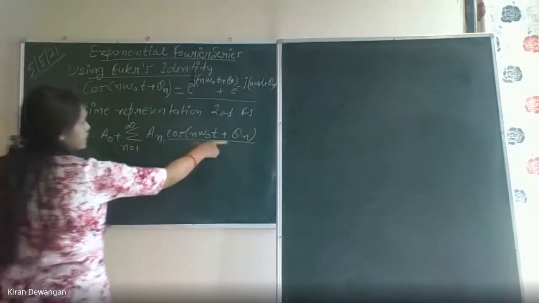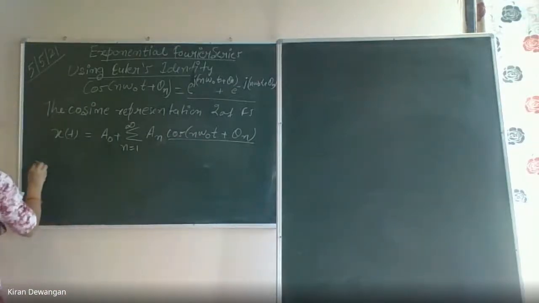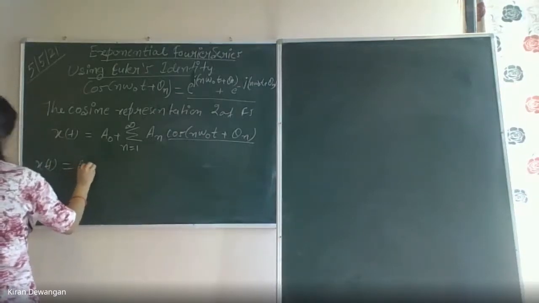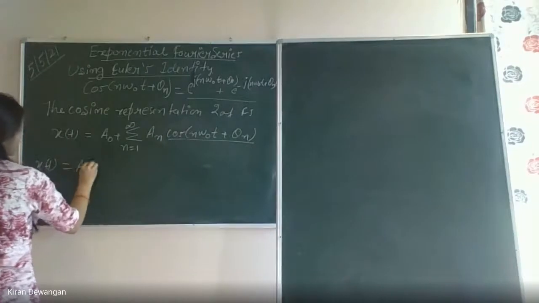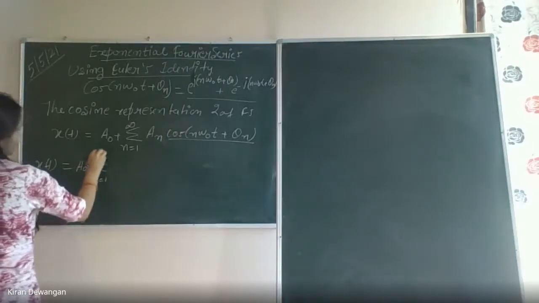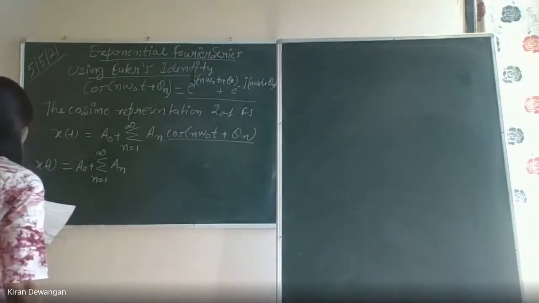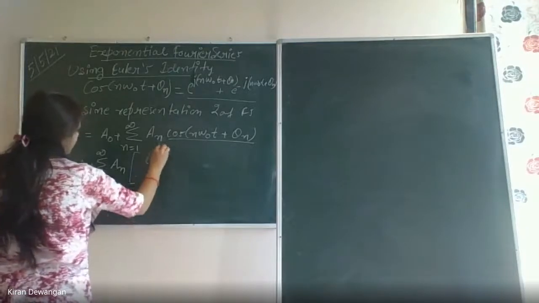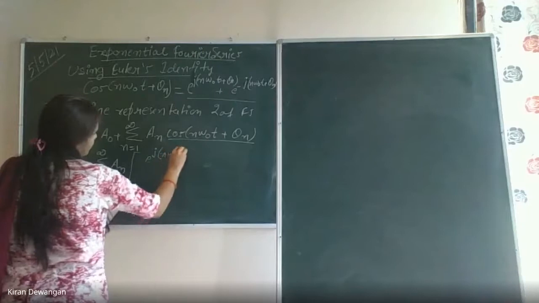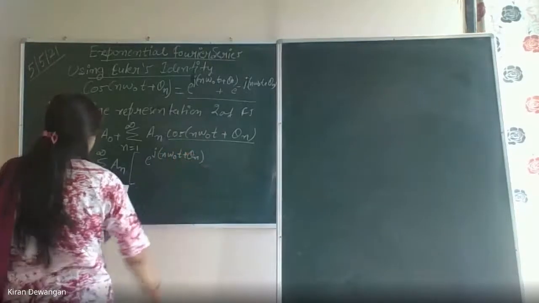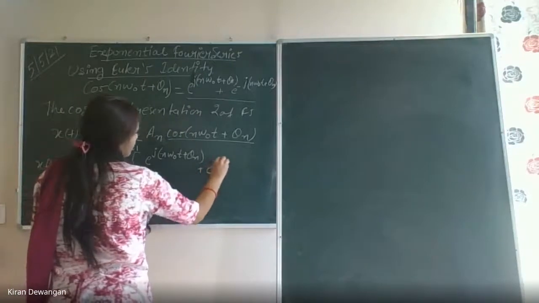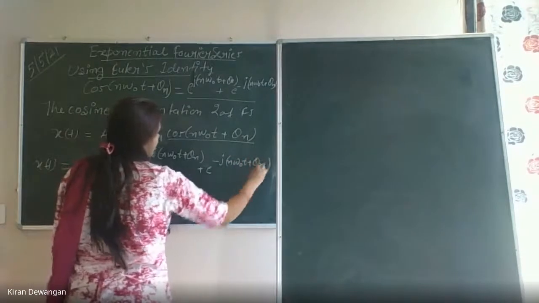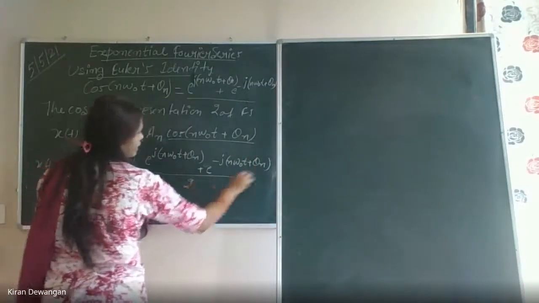So making use of this identity here, this becomes x of t equals a naught written as it is plus summation n equals 1 to infinity A n, and this entire expression becomes e to the power j(n omega naught t plus theta n) plus e to the power minus j(n omega naught t plus theta n) whole by 2.